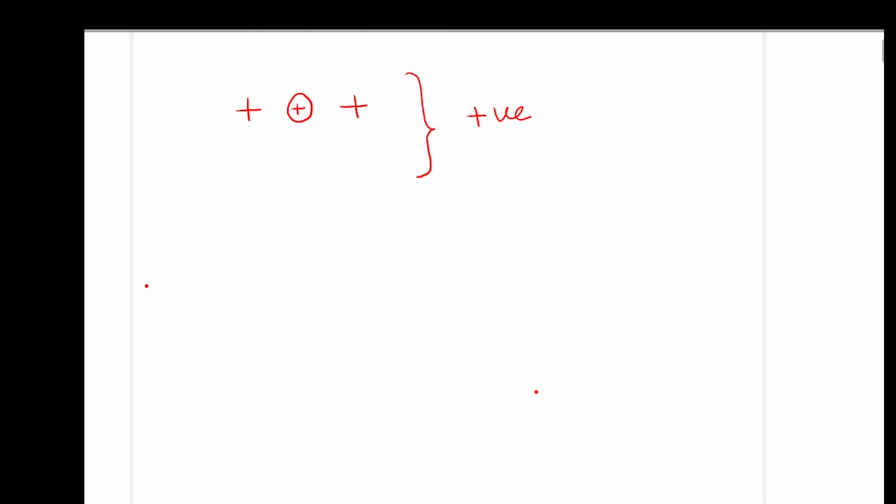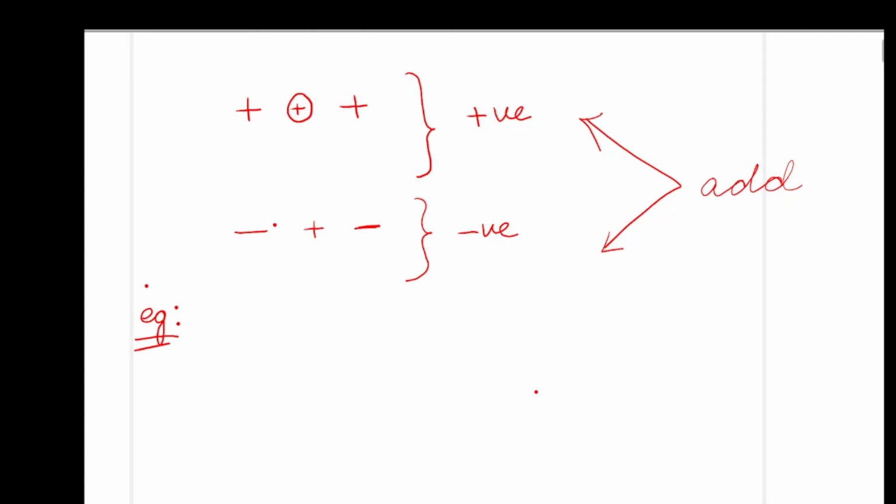Again, when you are adding two negative numbers, that time also you just add. In both cases you have to add. Here the answer will come in negative, but only the numbers you have to add.